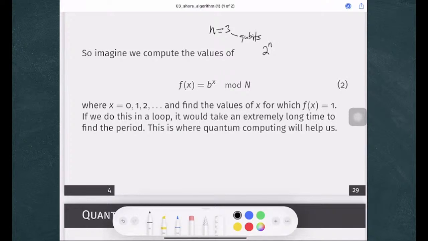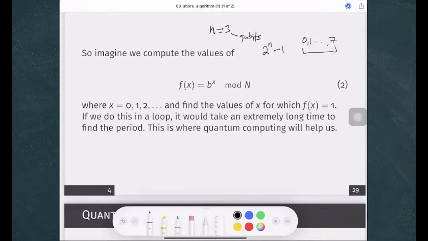For example, we can generate 0, 1 until 7, because 2 to the 3 is 8. So there are 8 of these numbers. So if you have n qubits, you can generate 0 to 2 to the n minus 1.